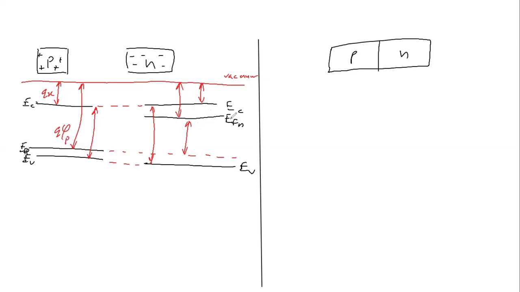And the same distance relative to vacuum and the Fermi level for the N-type material is the work function, which is Q phi of N. So this is also Qx.